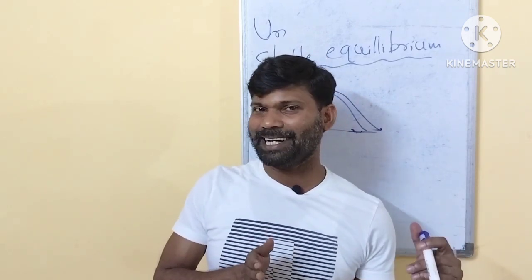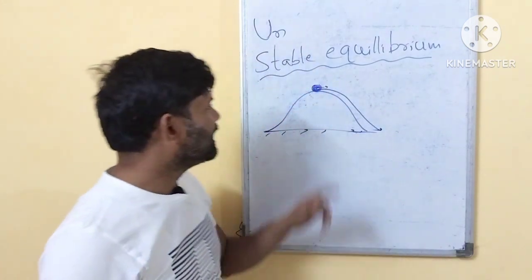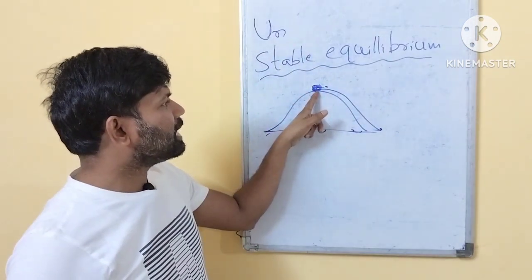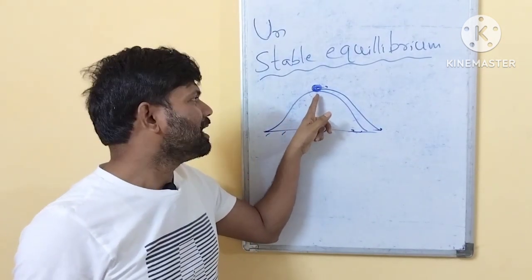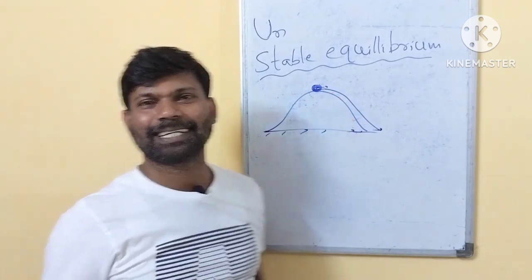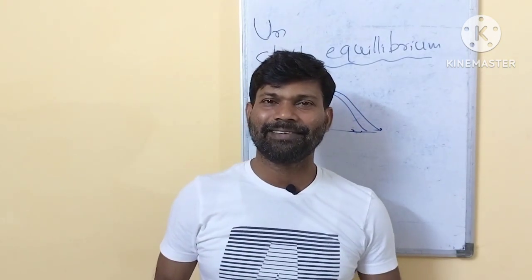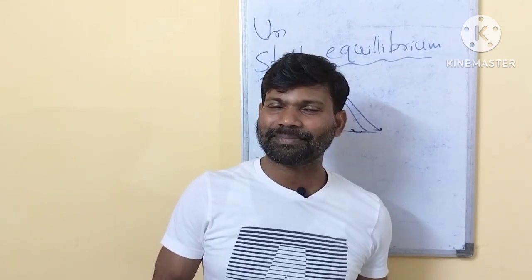What is the physics behind it? You know, potential energy. This object is at the highest potential energy position. If you just disturb it, its potential energy is decreased. It will not regain it back without any external agency.